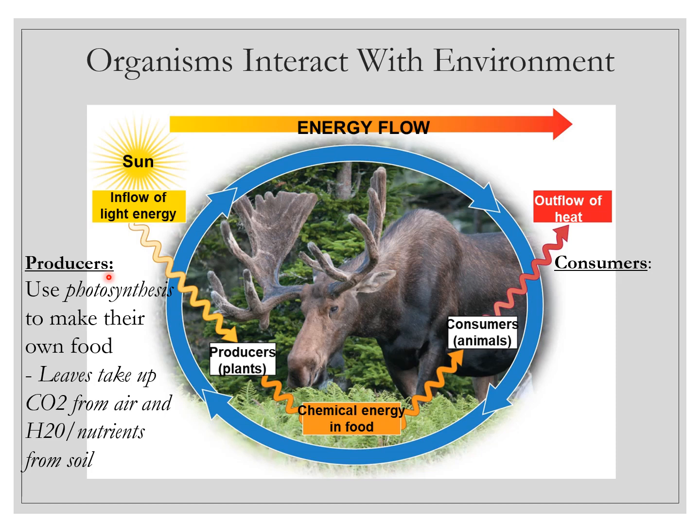So the leaves of the plants are able to take up CO2 from the air and water and all the nutrients in the soil and undergo photosynthesis, okay? So they are amazing. So we call that group of organisms producers, anything that can use the sun as energy.